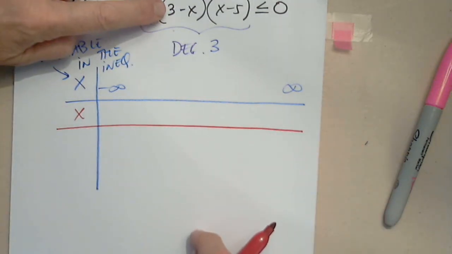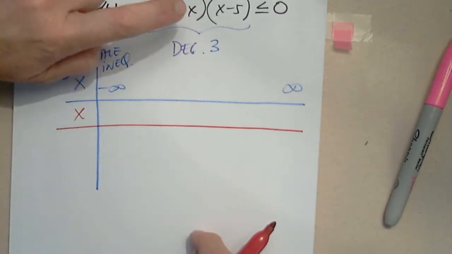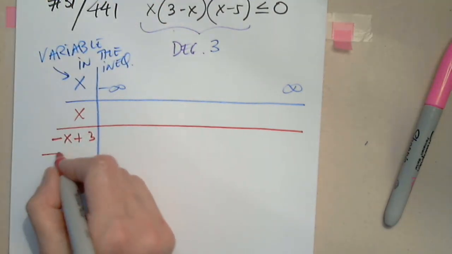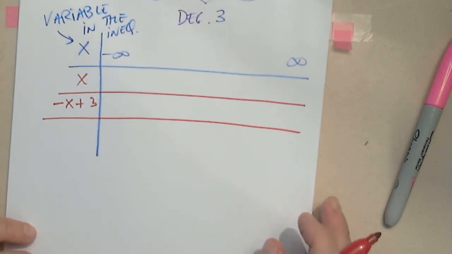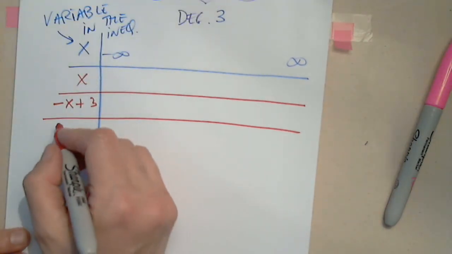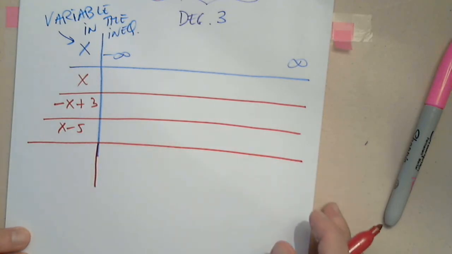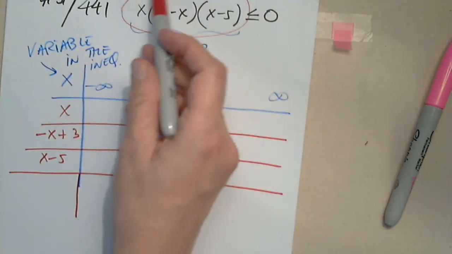The next row, I put the second factor I see, but I will write it in descending order correctly. The next row will be the next factor, which is x minus 5. The very last row is what I'm interested in.